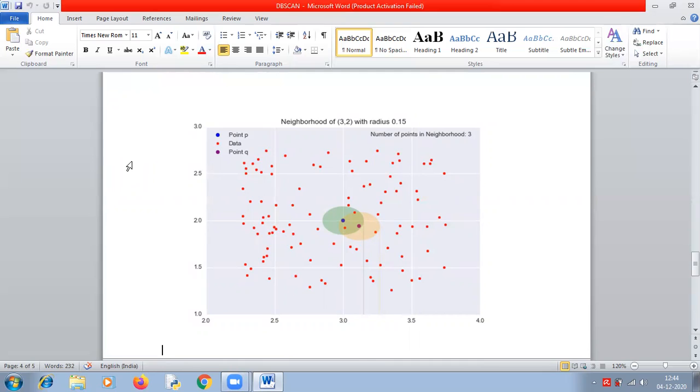So this is the idea behind density reachable.